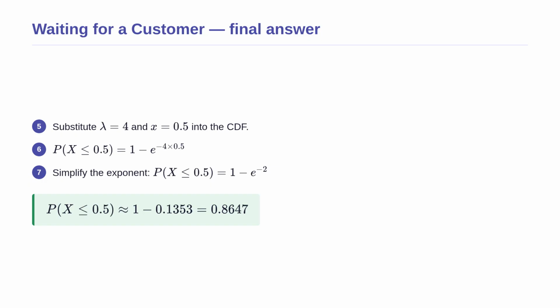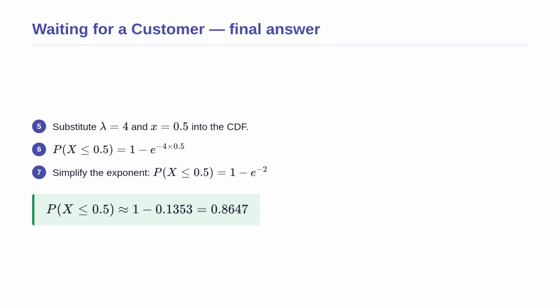Continuing with our calculation, we substitute our rate of 4 and our time of 0.5 into the cumulative distribution function. Multiplying 4 by 0.5 gives us -2 in the exponent. This number actually represents the expected number of arrivals in that half-hour window.